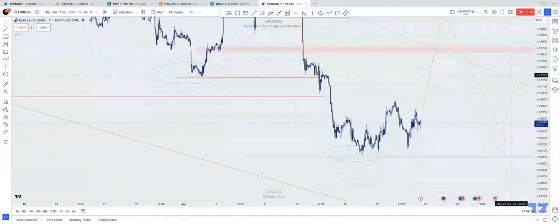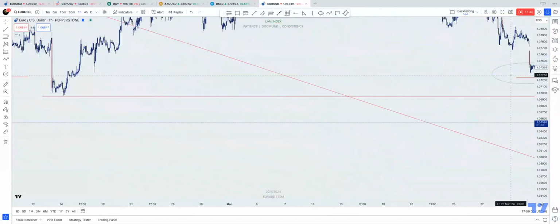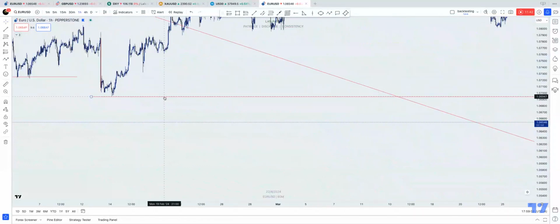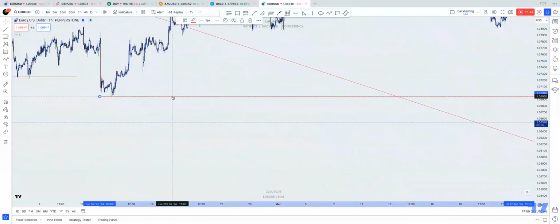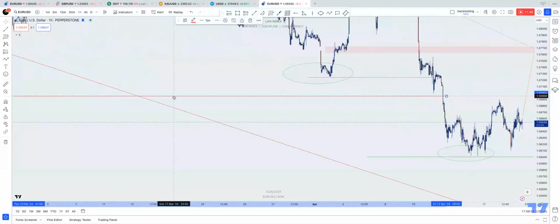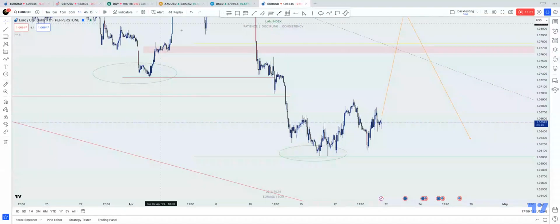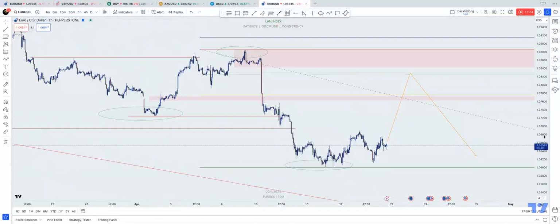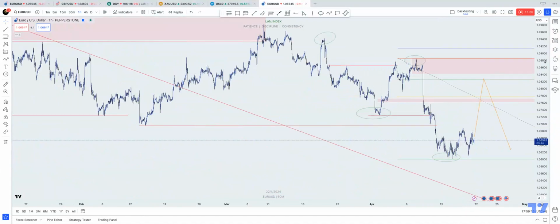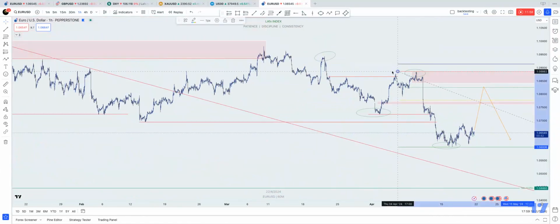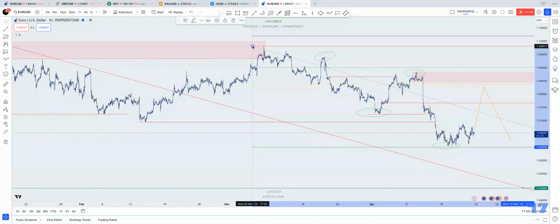Right now, look at this one. This is our external structure. Let's see how it broke. If we're considering the external structure, right, we broke with the body of the candle on the 1 hour. That means if we're going to draw our fibs, we're going to consider this high, because this is the low, this high, and then this one.